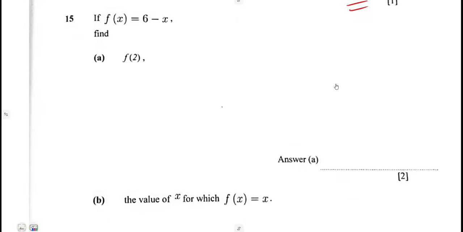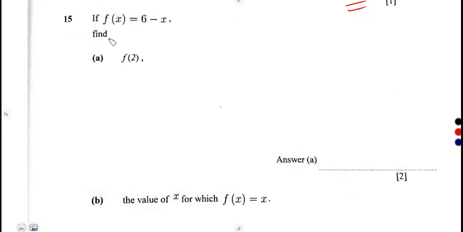Number 15, given f of x, which is 6 minus x, find f of 2. Simply substitute 2 in place of x. f of 2 is 6 minus our x value, which is 2. So 6 minus 2, that's 4.